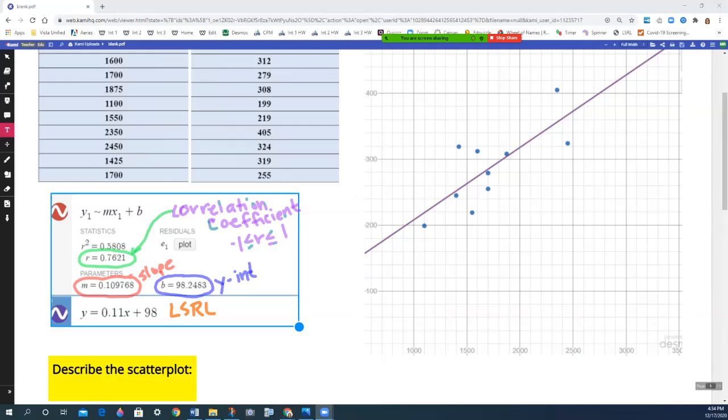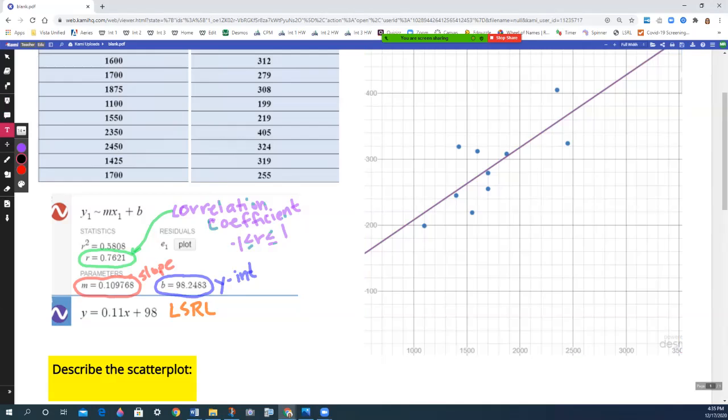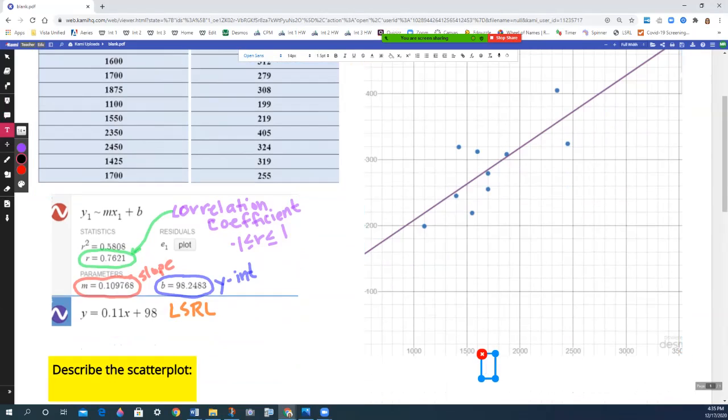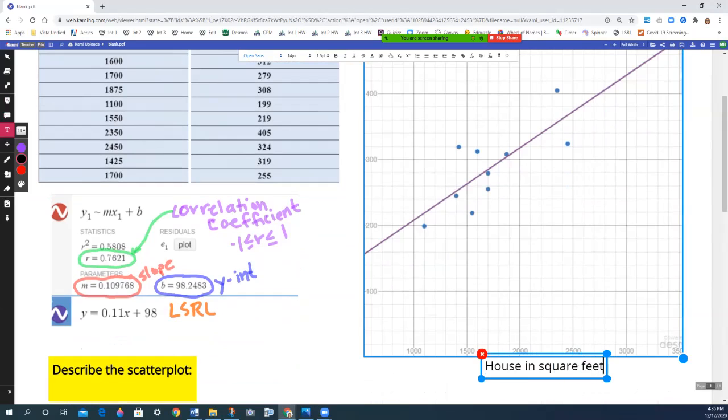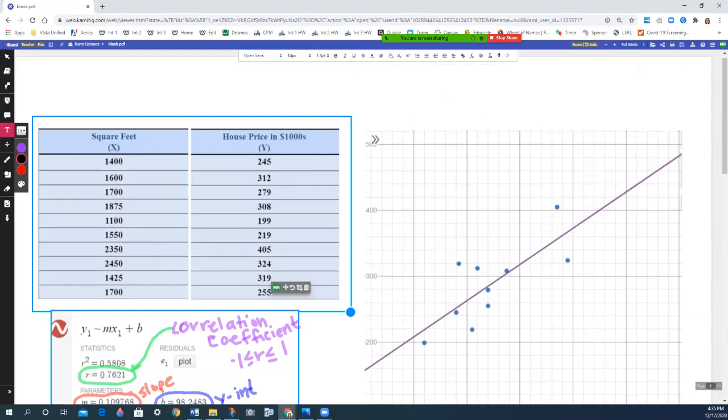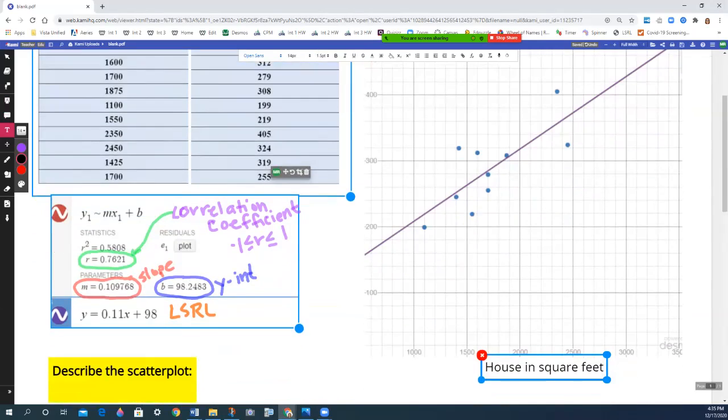I should actually label what my x and y are. So let me get a text box here. My x was the house in square feet. Okay, so this is house in square feet. And my y value is going to be house price in thousands.